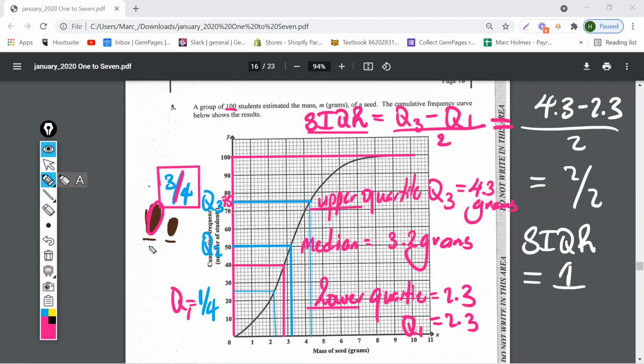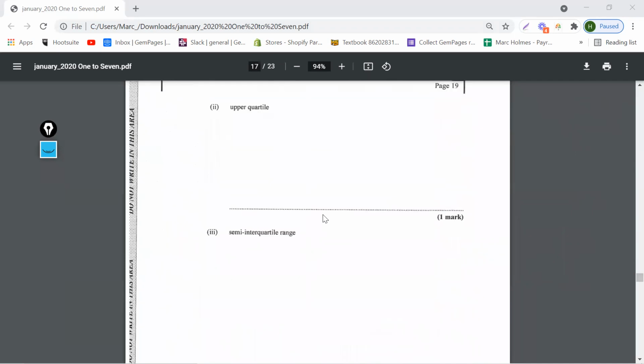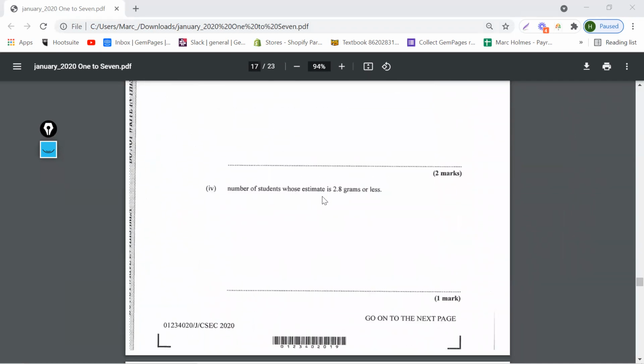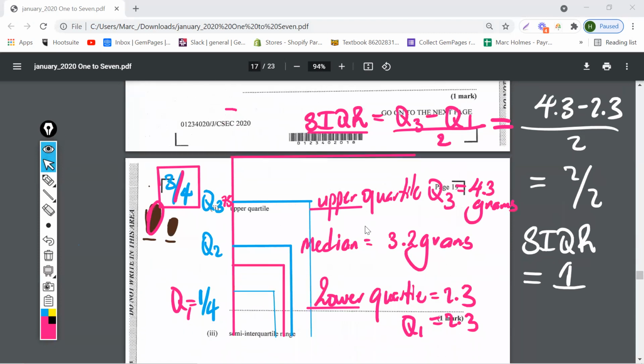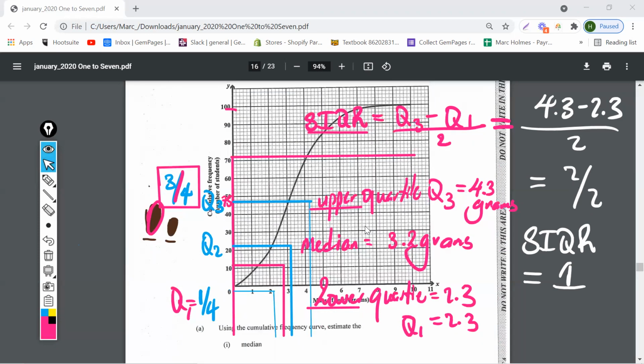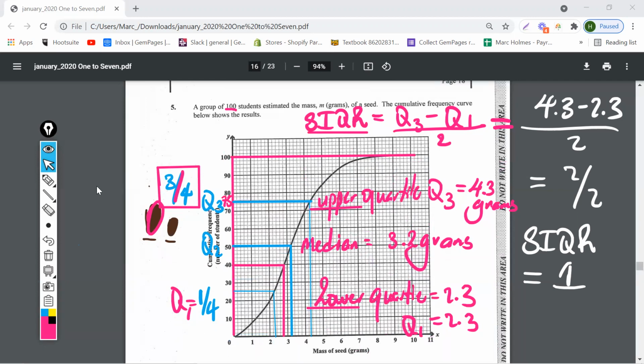So the answer for the last question, let me clear it for a second. It says the number of students whose estimate is 2.8 grams or less. So let me write it over here: 40 students at 2.8 grams.